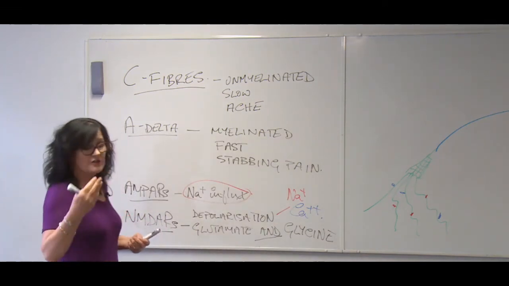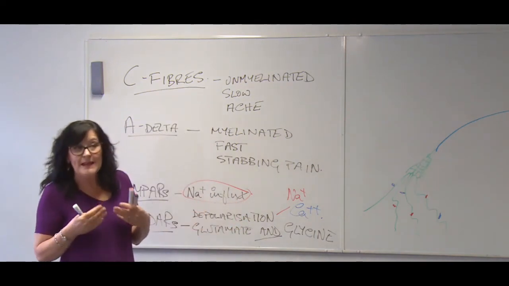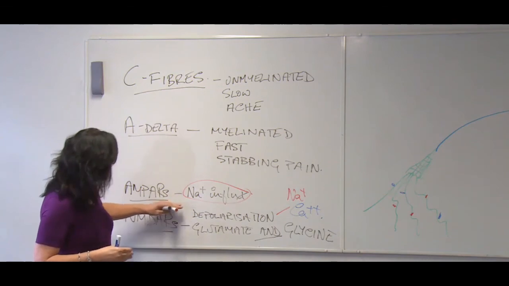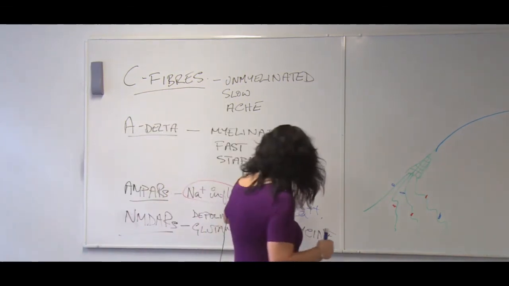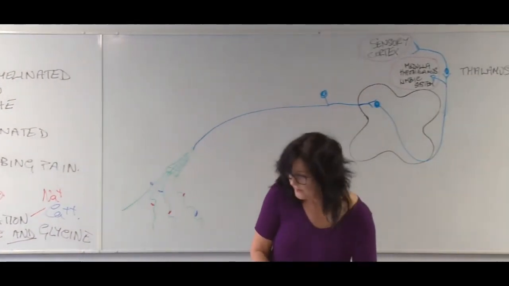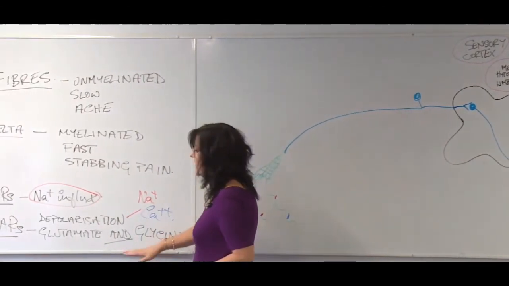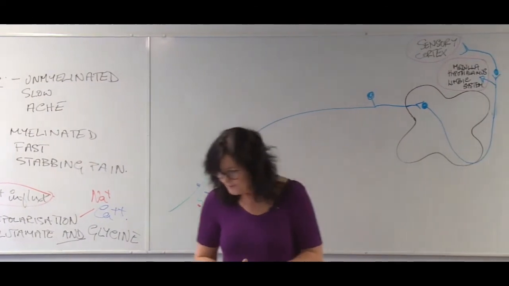So they strengthen the action potential, they strengthen the EPSPs, but they need quite strong depolarization from the AMPAs to open. And when they do, we get an influx of both sodium and calcium. But remember, A delta fibres don't have NMDARs, or not that we found so far.